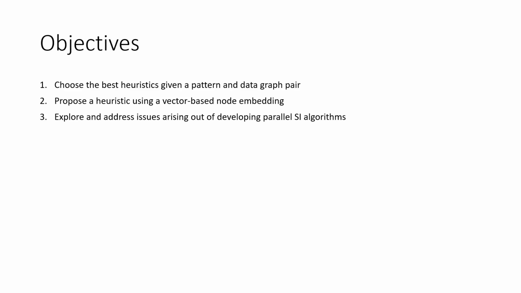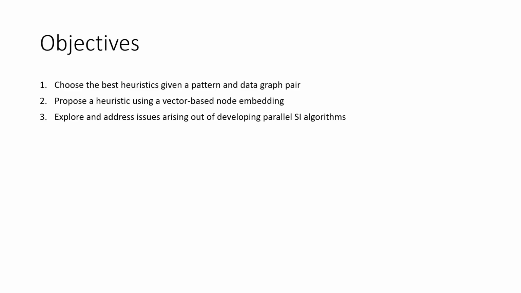My PhD project has three objectives essentially. My first objective is to figure out if, given a pattern and data graph pair, there is any characteristic of this pair that will enable me to know which heuristic will work best at which stage of the search.